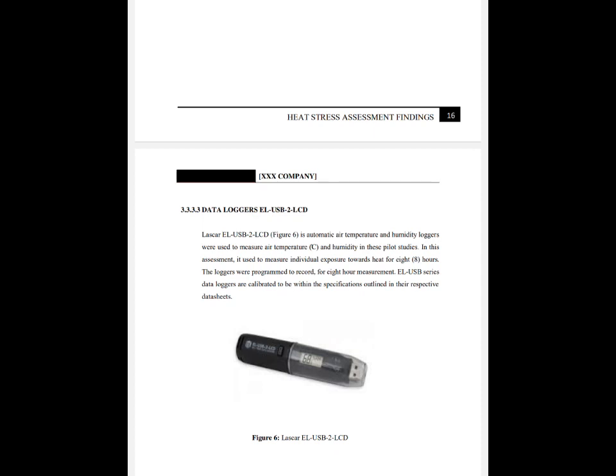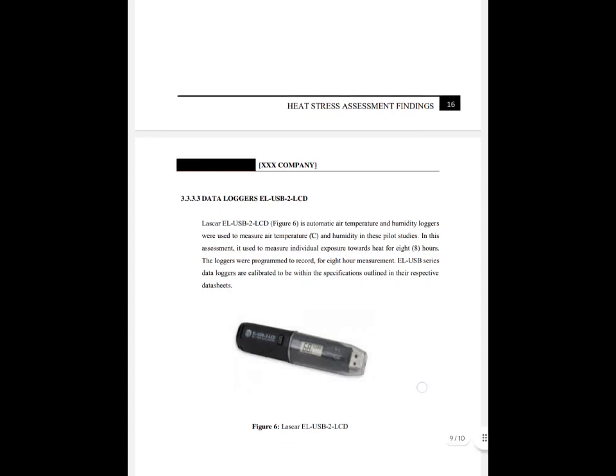Okay, again, these data logger series are calibrated within specifications outlined in their respective datasheet. So I believe it actually has raw data, where we can see the specs in here.